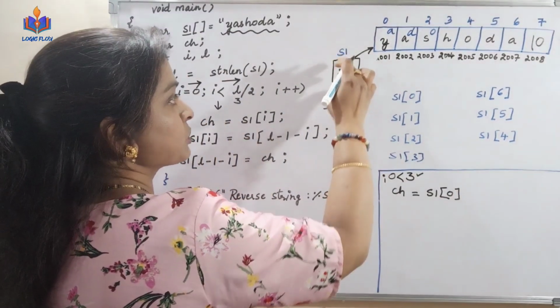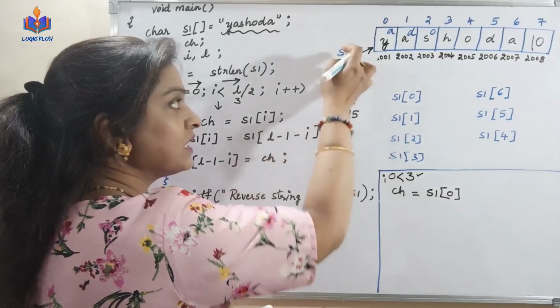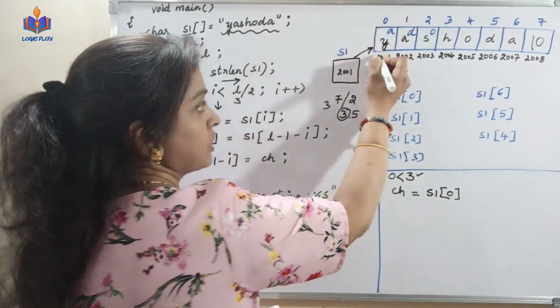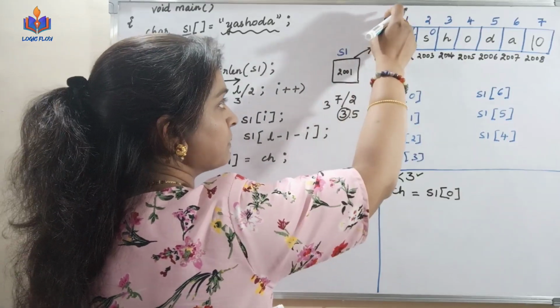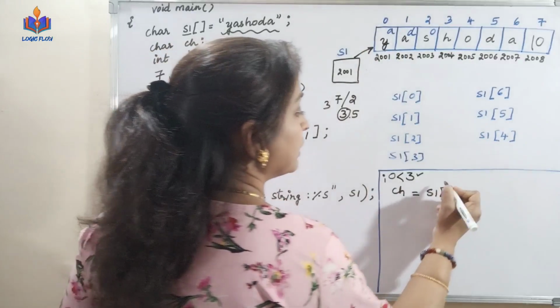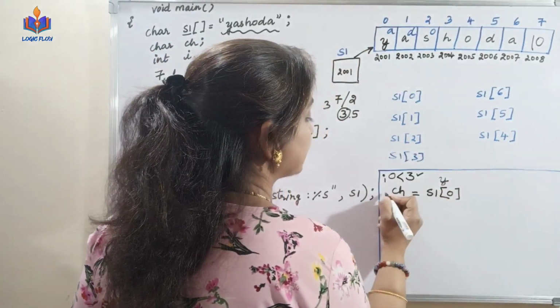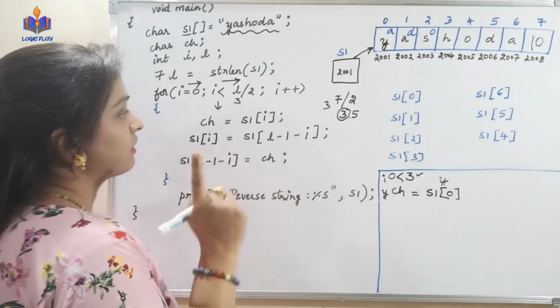What is S1? S1 is a pointer to the string. The array name will give you the base address, so it is pointing to the location 2001. S1 of 0 means it is Y. Store that to CH. So CH will have the copy of that Y.